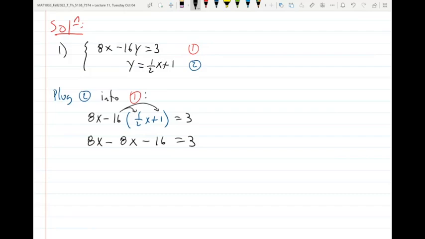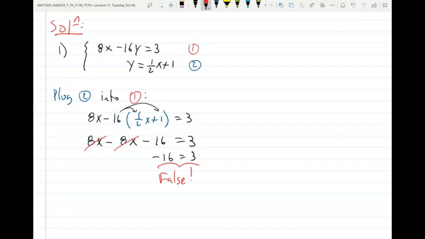Now here we see that something interesting happens. When we simplify, notice that ax cancels out, and we get the statement negative 16 equals 3. This is something that's always false. So what does that mean? It means that this is impossible. Whenever you use this method and something like this shows up, something that doesn't make sense, that is false, it is telling you that the system has no solution.